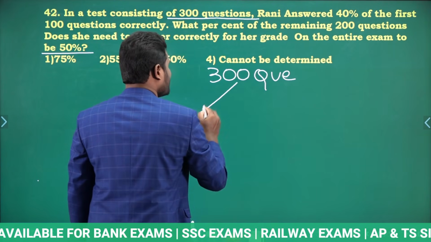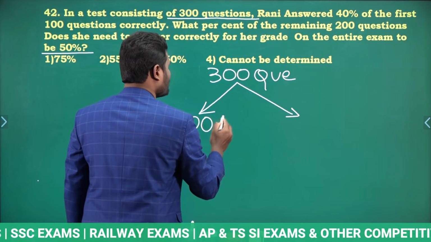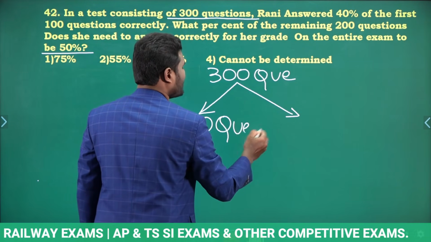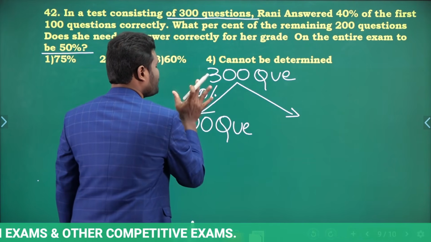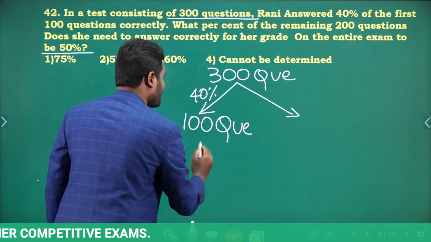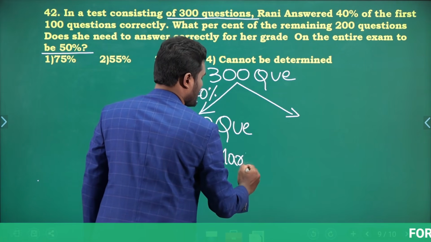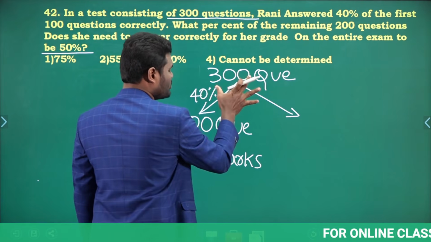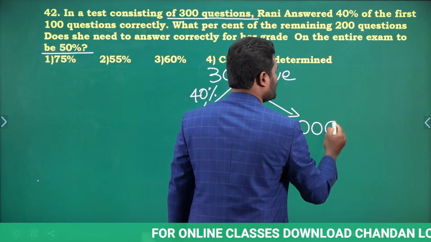Now out of these 300 questions, what happened is first 100 questions. Out of these first 100 questions, what Rani has done is she has marked 40% correct. So 40% correct means out of 100 questions, she already got 40 marks. Yes or no? Now out of 300 questions, 100 questions completed. So remaining balance is nothing but 200 questions.